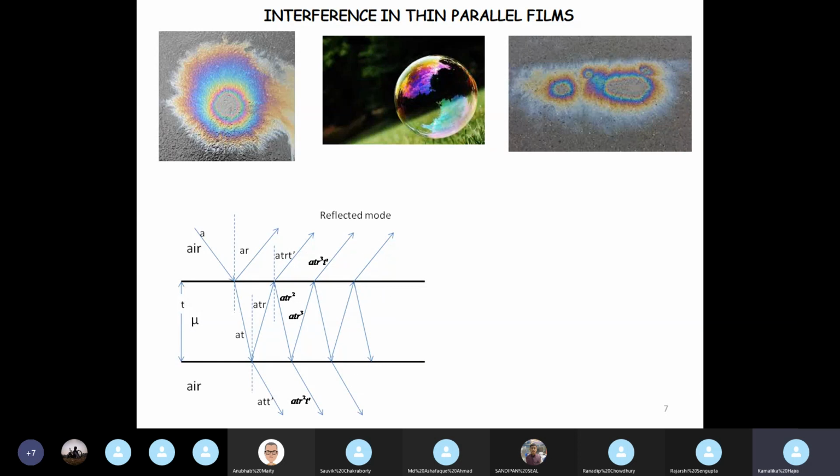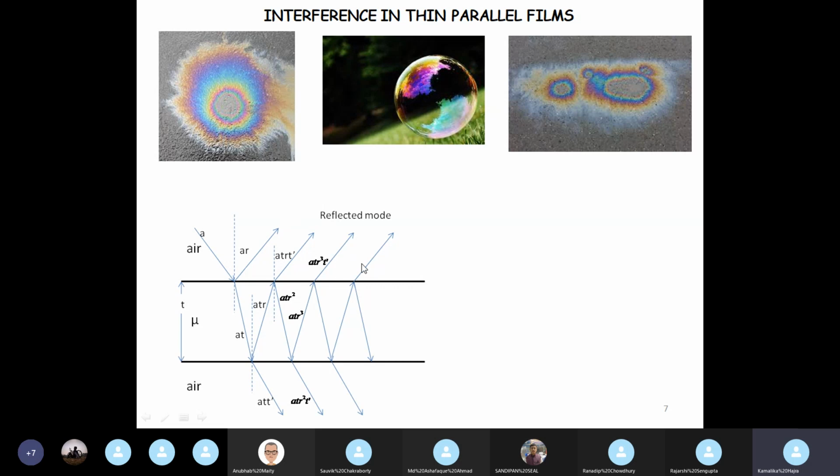Now when we talk about thin parallel films, all the rays that come out on the top of the film form the reflected mode. Why is this called the reflected mode? Because the first ray is a reflected ray.